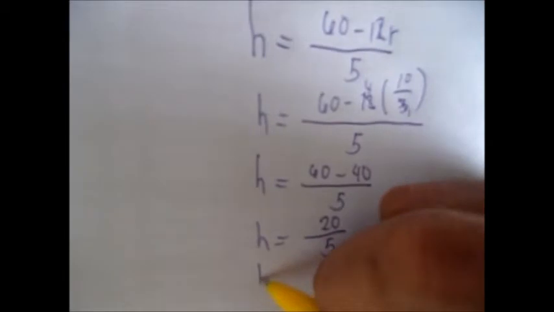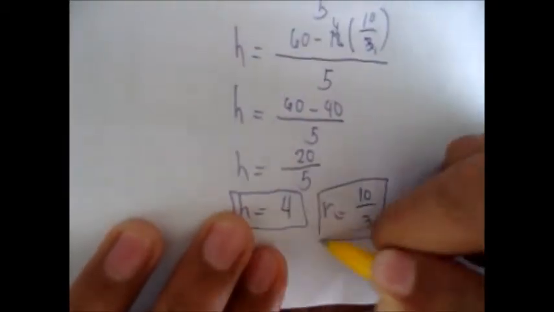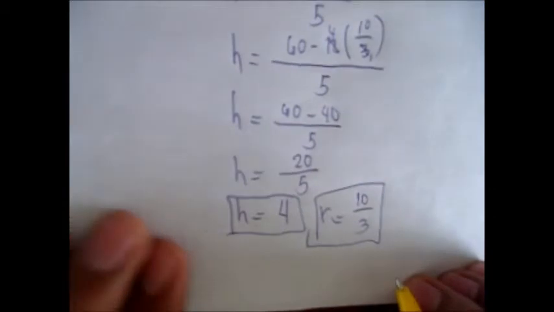So height is equal to (60 minus 40) over 5, which is 20 over 5. So our height here is equal to 4 when r is equal to 10 over 3.